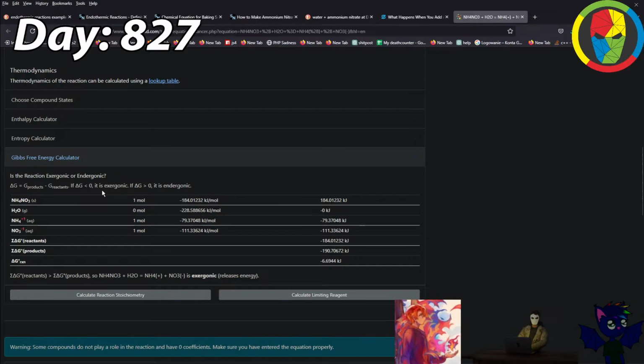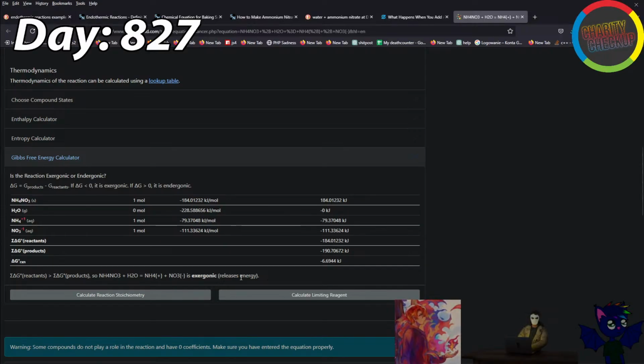I thought that Gibbs energy was only negative if... it shows you the direction in which the reaction is going. Because you have exergonic and endergonic, like if it takes energy or gives it. Isn't that exothermic and endothermic? No, because exothermic and endothermic is specifically for heat, but exergonic and endergonic is more general for energy.